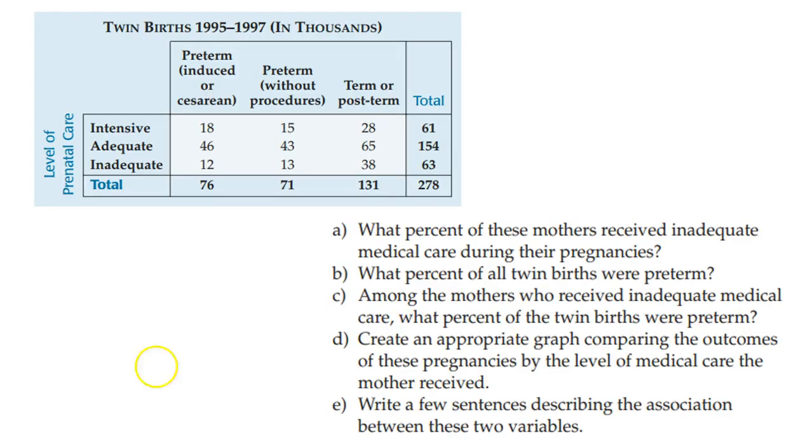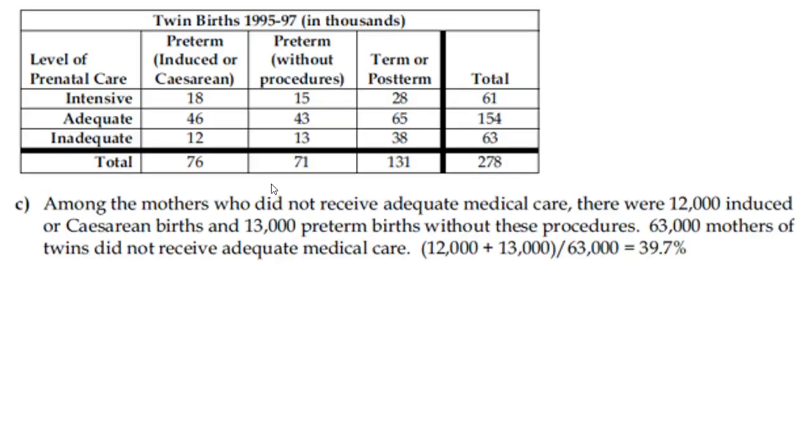Scrolling back through here. C, among the mothers who received inadequate medical care, what percent of twin births were preterm? Well, both of those are preterm, so we would add those up. So I guess it's 25 divided by 63. Among the mothers who received inadequate care, you have 25 divided by 63, which is 39.7%.